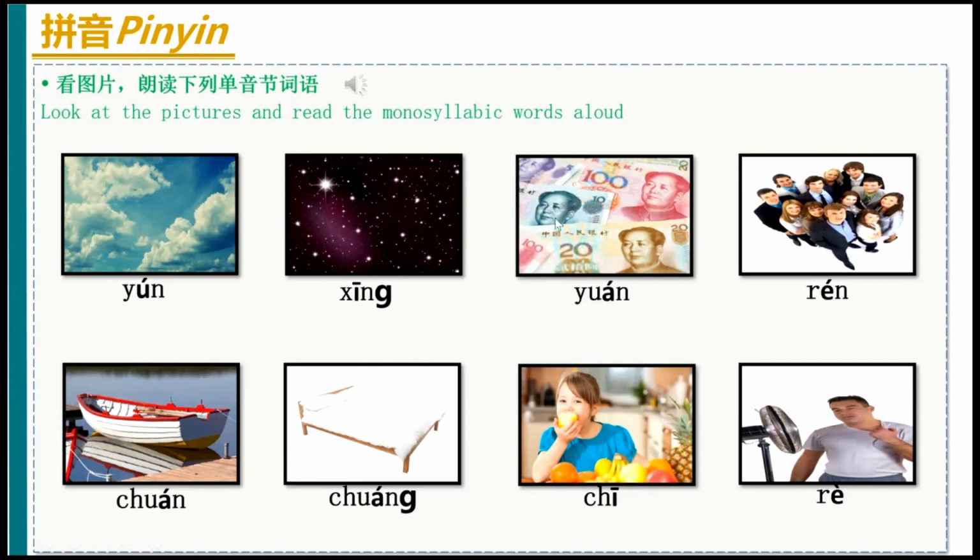Yuan means here the Chinese money, Chinese RMB, just like rupia in Nepali money and dollar in America. It's the basic unit of Chinese money. Ren means people or human. 船 means boat. 床 means bed. 吃 is a verb, means eat. 热 means hot.